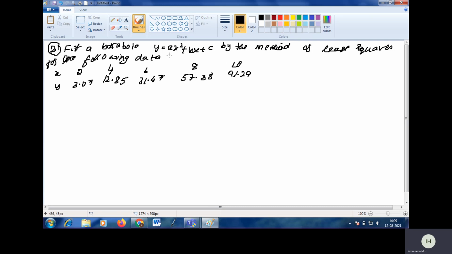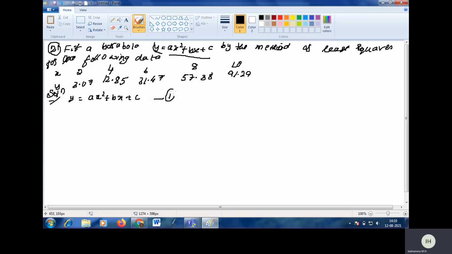So we have to find the values of a, b, c for the second degree parabola by the least square method. Least square method means we are using it to write the normal equations. Now I am writing the solution directly. Consider the given curve y is equal to ax square plus bx plus c.